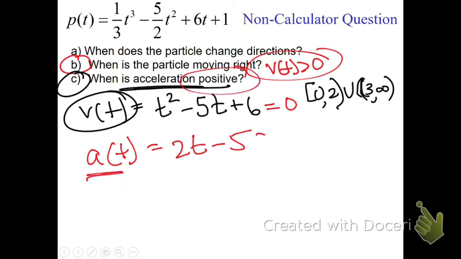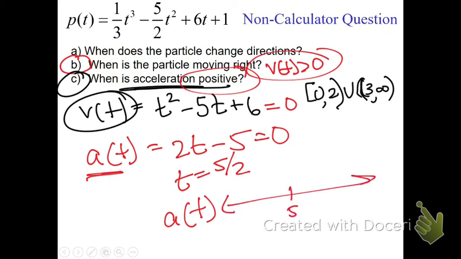That's all review. There's nothing new there. So set it equal to 0, we get 5/2. Make an acceleration sign chart. Plug in numbers left and right. If I plug in 0, I get negative, then positive. So when is the acceleration positive? From t of 5/2 or 2.5 to infinity.